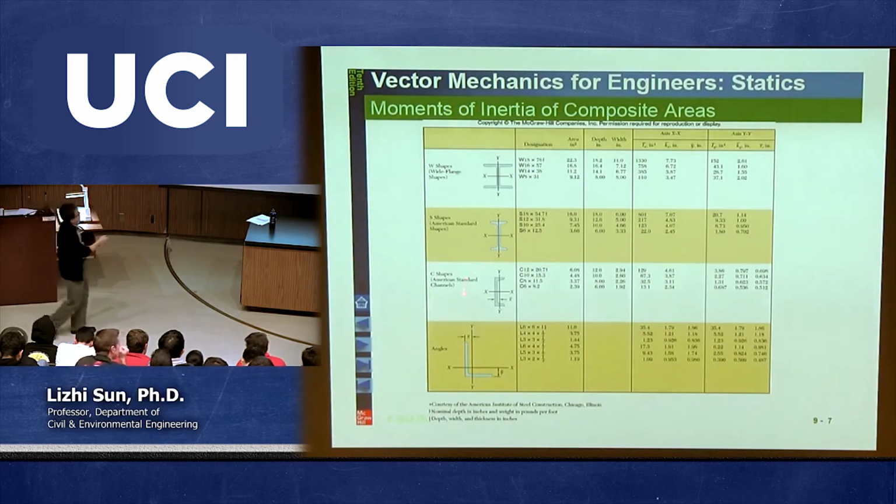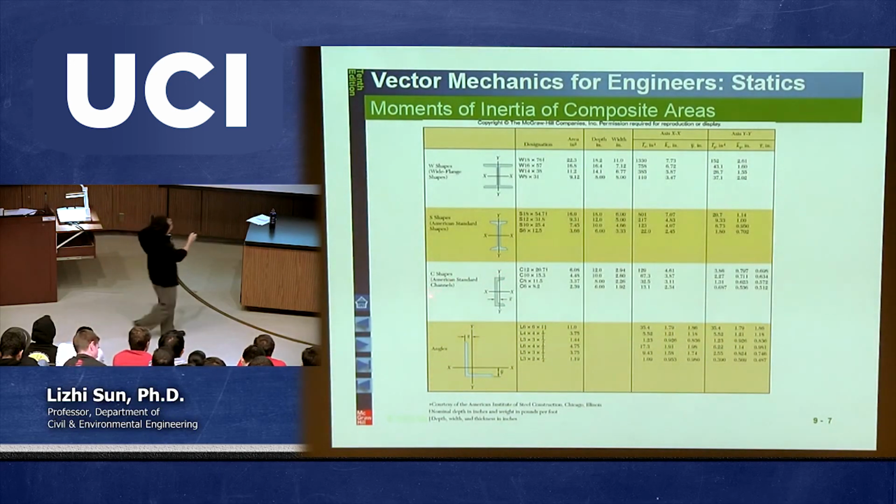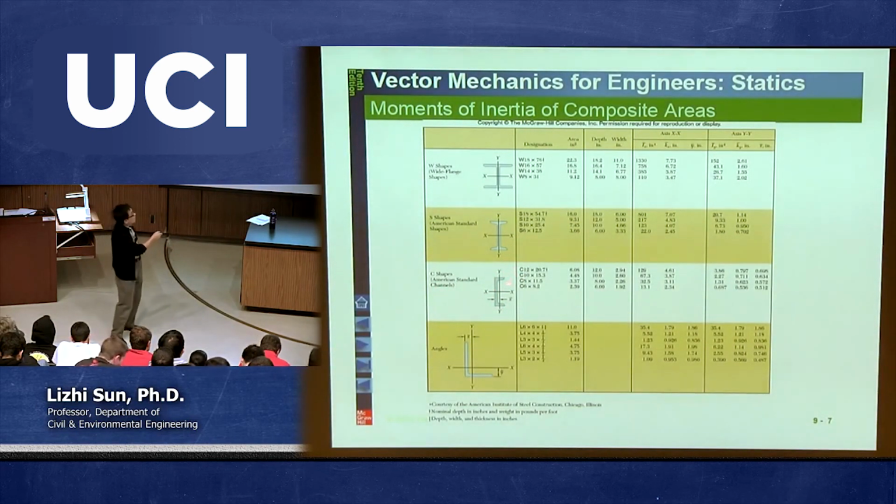Okay? Sometimes they have a C shape, or it's called channel shape. Is it channel, right? Yeah, it's channel, right? So it's called a C shape, something like this. If you need to calculate the moment of inertia with a C shape, how are you going to do that? Same thing. You're going to split this one into a tiny rectangle, another tiny rectangle, and another rectangle.